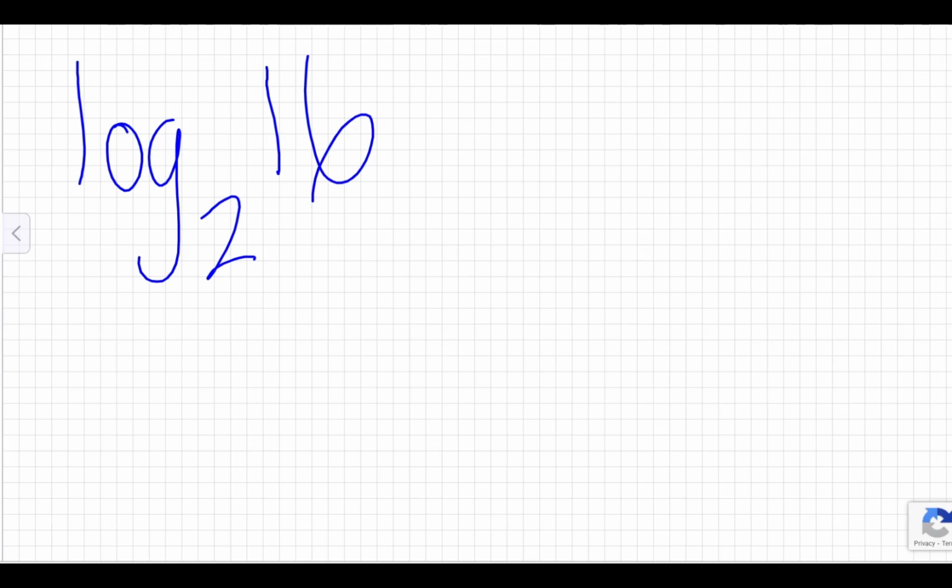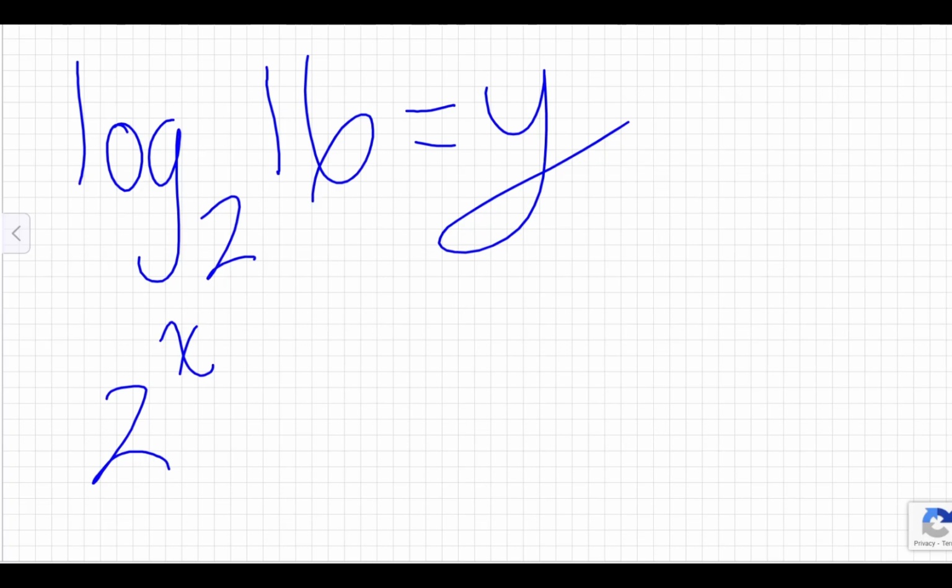Okay. What we can do here is we can see that 2 is the base and 16 is actually the answer in exponential form. Not logarithm form, exponential form. So we can actually rewrite that. Since 2 is the base and we want to find the exponent, we can just put 2 to the power of x, so it's not confused with the answer, and set it equal to 16.